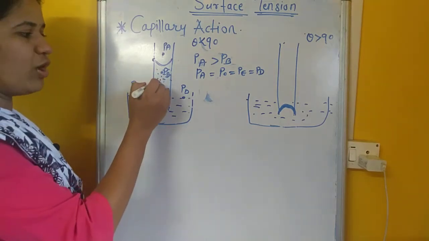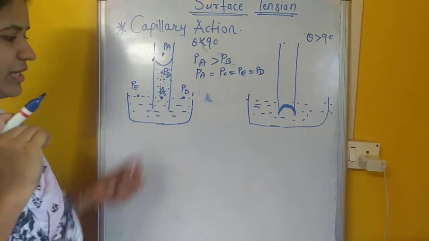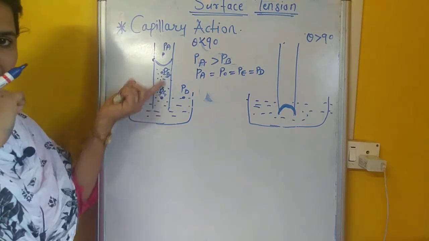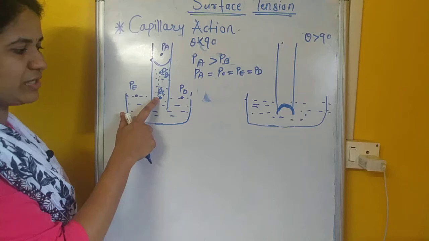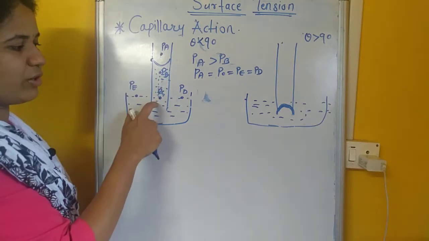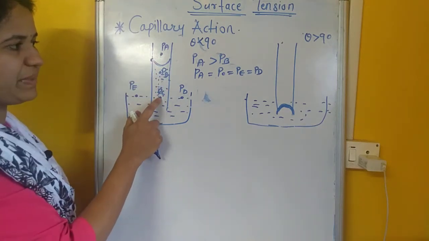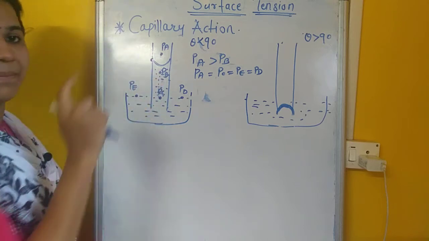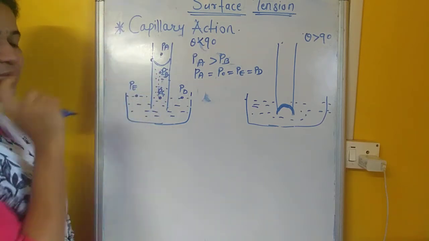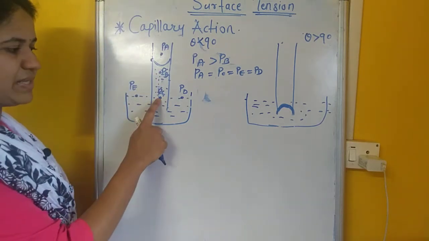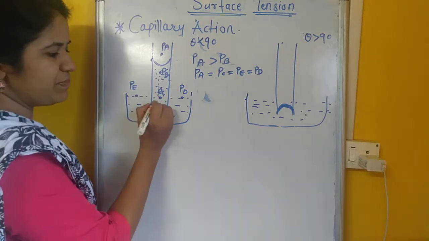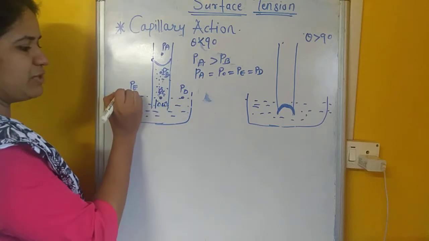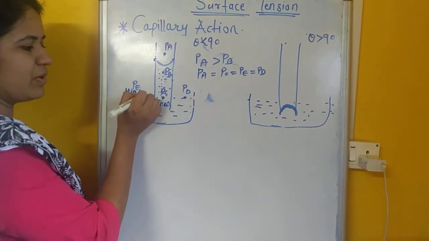But PB and PC have the same pressure in that capillary tube, and because of the concave side, the pressure PC is less than PA, that is, less than atmospheric pressure. So this pressure is low and this pressure is high.